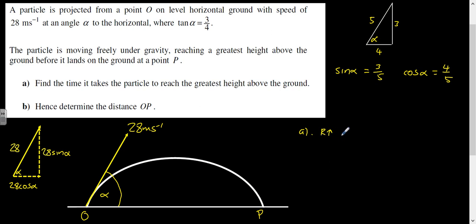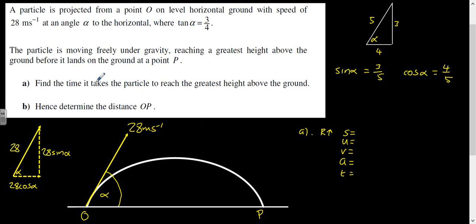You're telling an examiner or a marker a story. Tell them what you're doing. Otherwise, they have to pick through all your working, and it's very difficult for them to mark. So tell them here that you are resolving vertically. Now we just use suvat because we have a constant acceleration, which is the acceleration due to gravity, and we just work out all the other bits using our suvat equation.